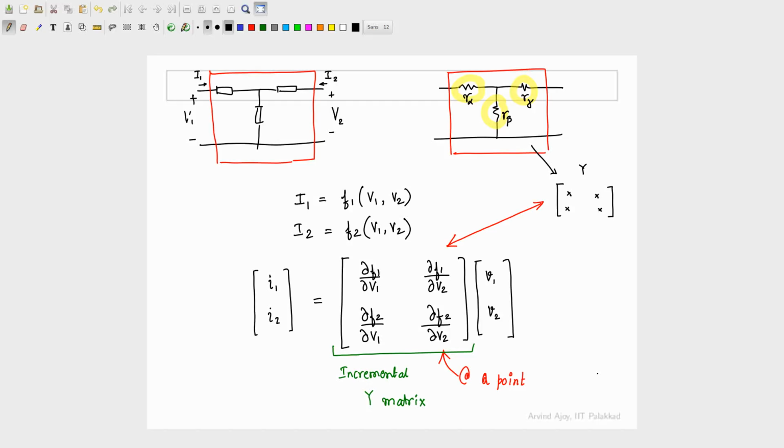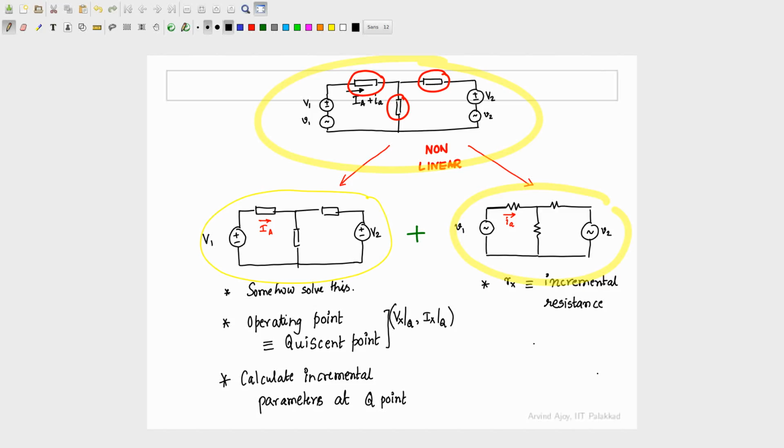So basically everything now can be done with the two-port network parameters of the small circuit, right? Let me say it this way, that the small signal equivalent circuit that you are drawing, or the incremental circuit, is a linear circuit, and we know how to analyze linear circuits.